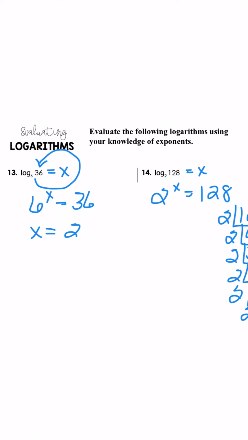So if you were to look at this and just continue to divide it, see there's 1, 2, 3, 4, 5, 6, 7. So in this case, then 2 to the 7th power equals 128. So x equals 7 on this one.